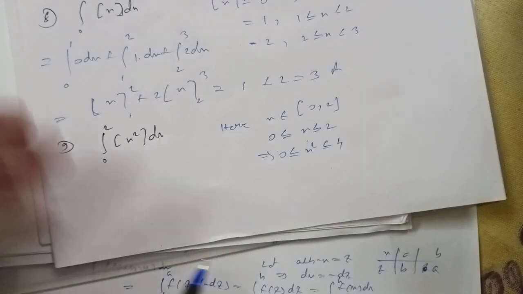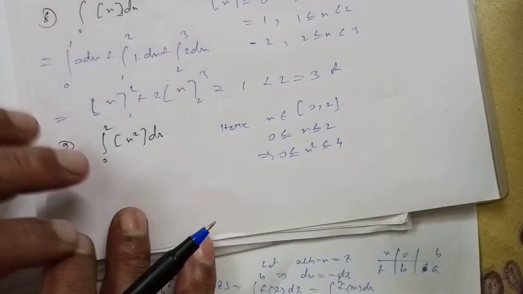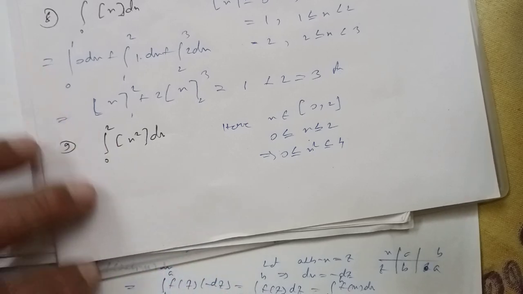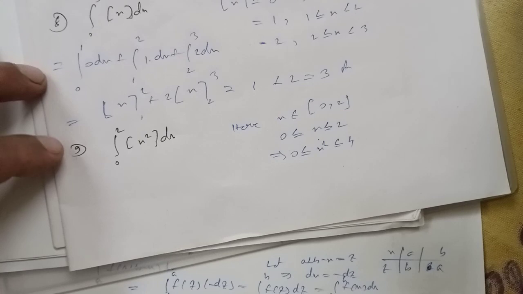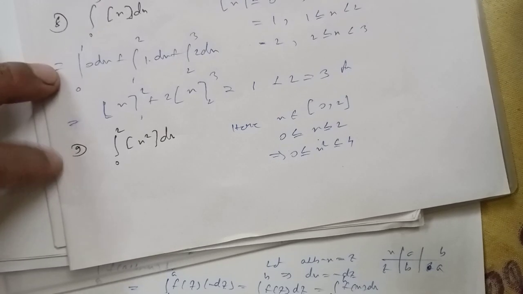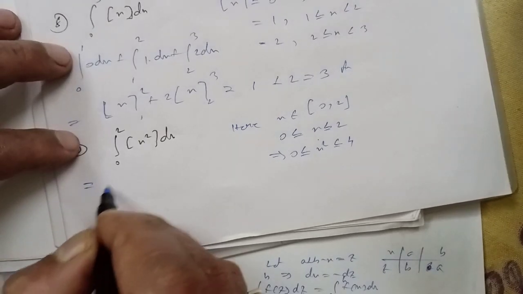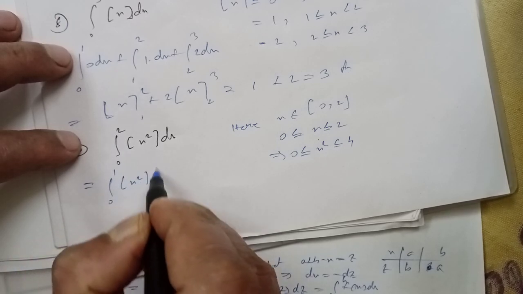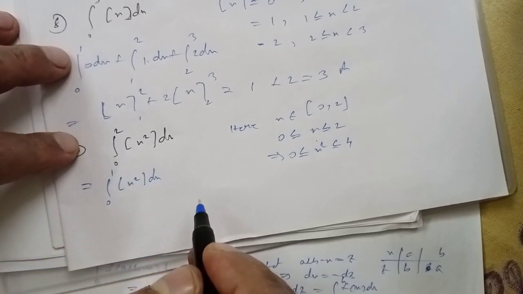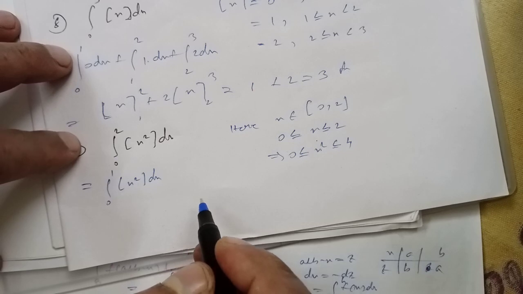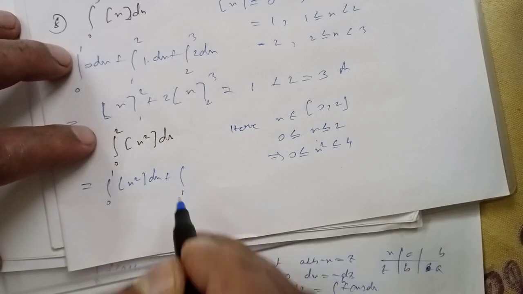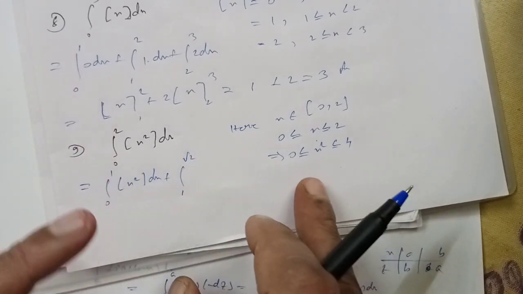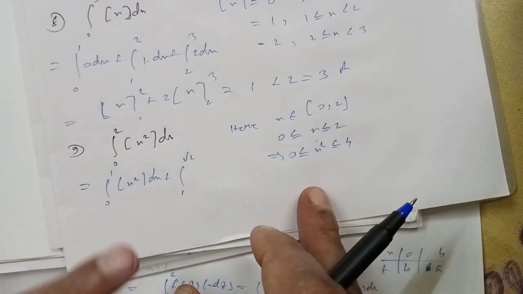So between 0 and 4 there are 3 integers, 1, 2, 3. So you have to study it by breaking at these 3 points. Okay. You have to split it as 0 to 1 box of x square dx, then 1 to root 2, because when x square lies between 1 and 2, then x lies between 1 and root 2.